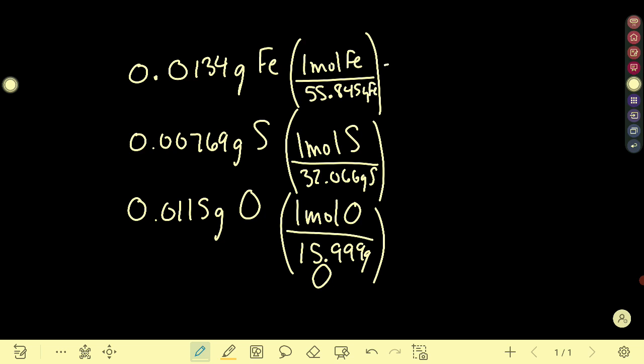Okay, so now what we're going to do is we're going to take that mass they've given us, the experimental mass, and we're going to divide it by the mass of 1 mole of each of them.